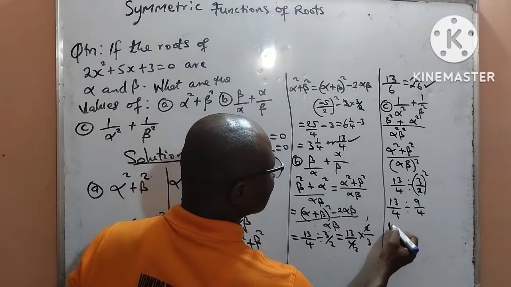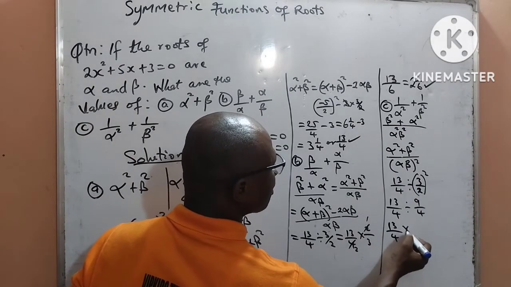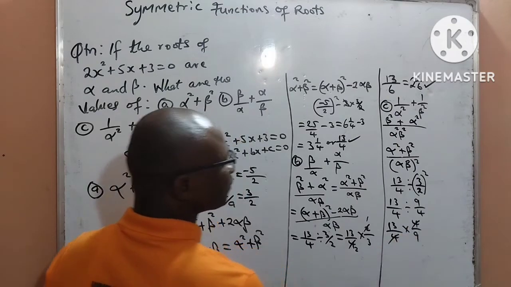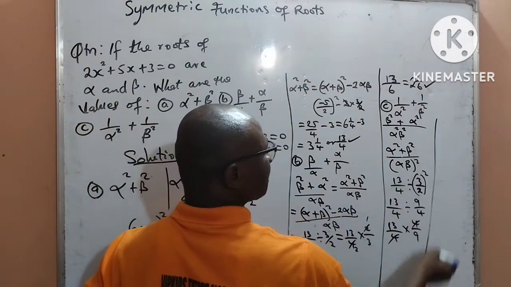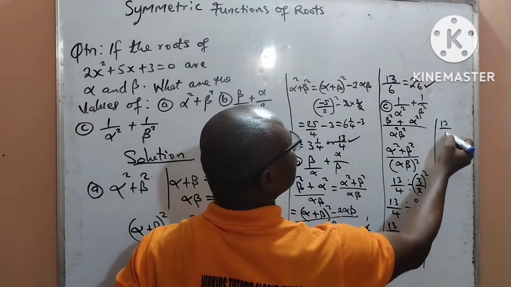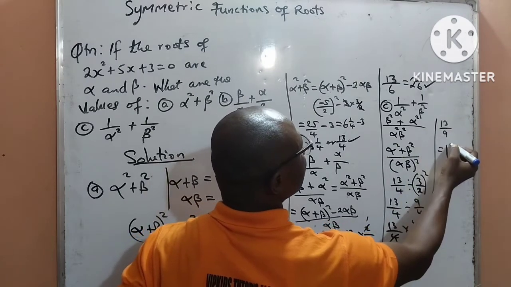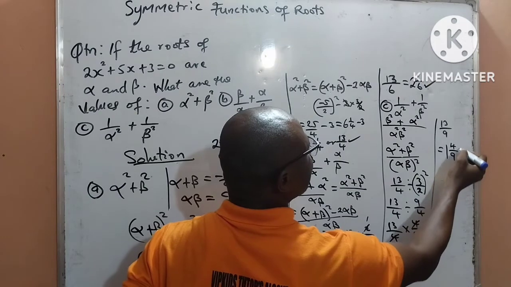So this implies that I shall have 13 all over 4 multiplied by 4 all over 9. And when 4 cancels 4, what I shall now have left is 13 all over 9, which can be written as 1 whole number, then 4 all over 9.